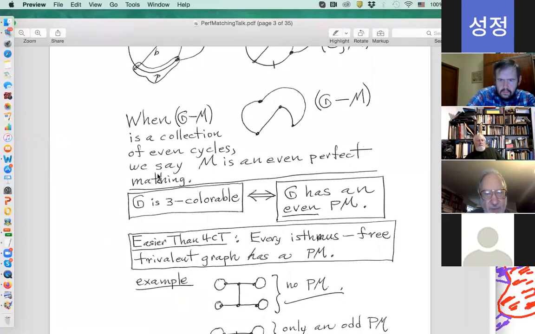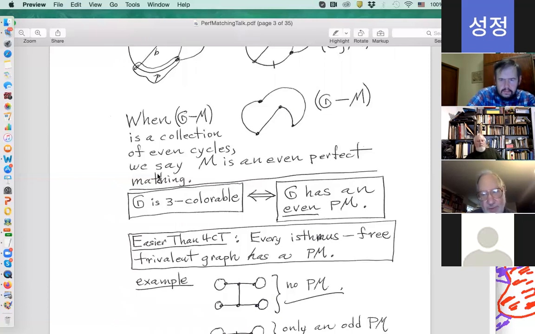A graph is three-colorable if and only if it has an even perfect matching. Notice that this doesn't require planarity anymore. Planarity never was required once we got to three coloring the edges of a graph. You could have it out of the plane, and we'll come back to that.